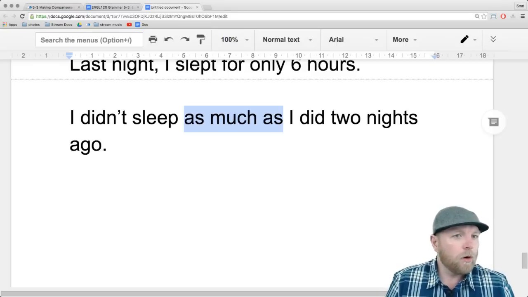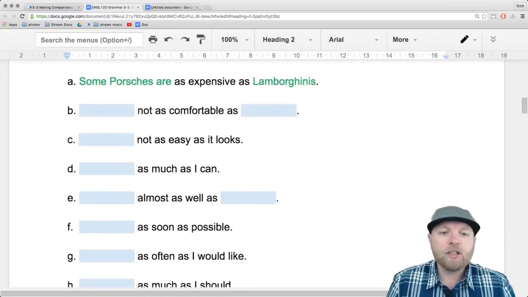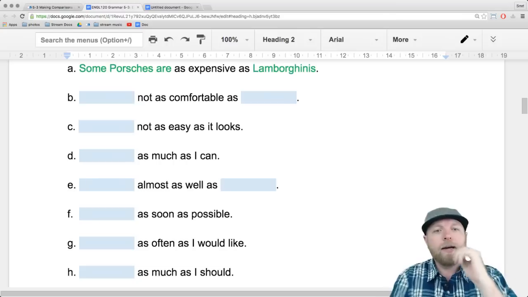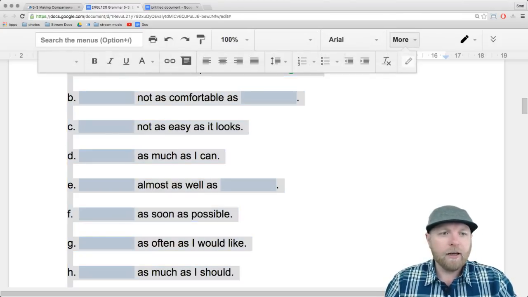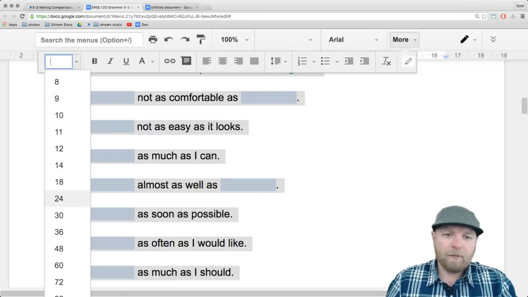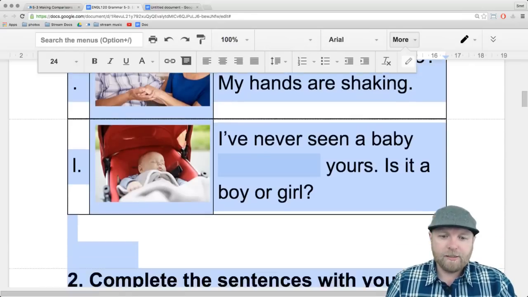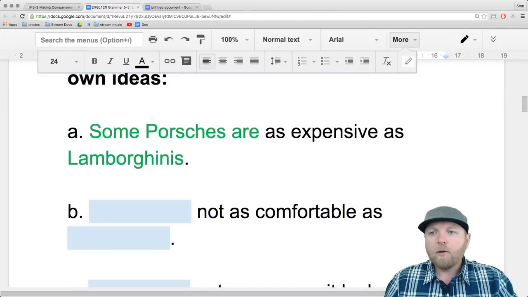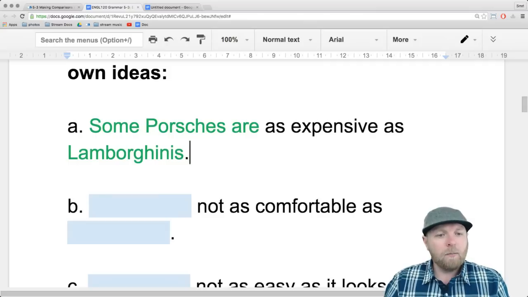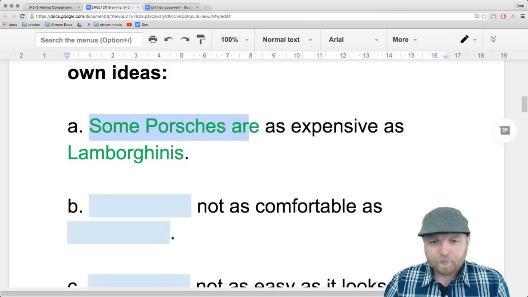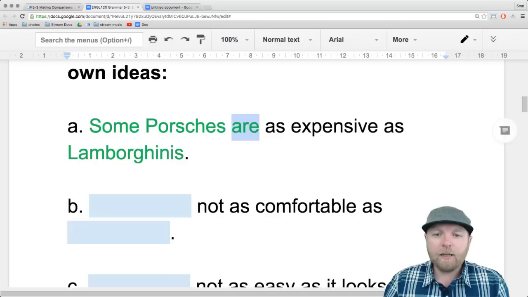Let's do one more exercise, and I want you guys to use your own ideas. Let me make this bigger again because maybe it's a little difficult for you to see. Okay, so use your own ideas. Some Porsches are, okay, linking verb.